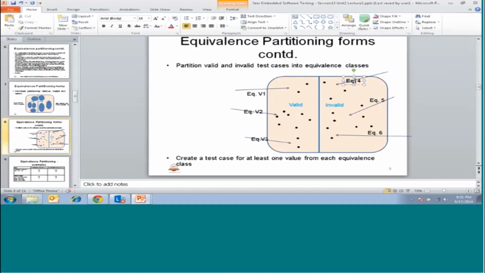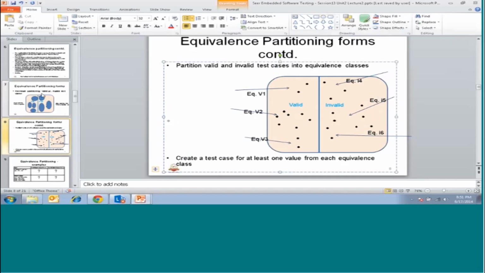Similarly, equivalence invalid 5, equivalence invalid 6. So we have 3 valid classes and 3 invalid classes.